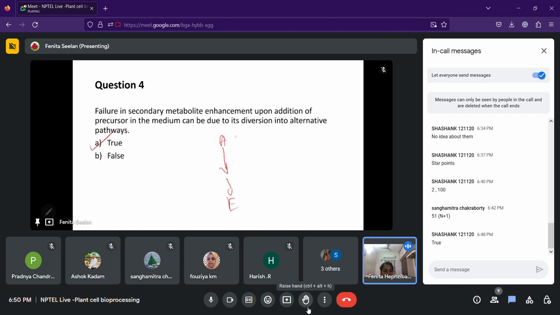So while selecting a precursor A, what are the criteria you can think of to avoid this situation?